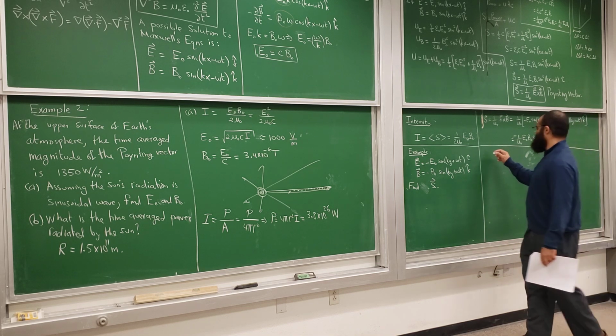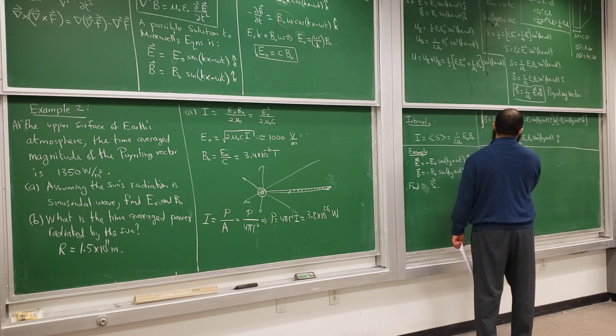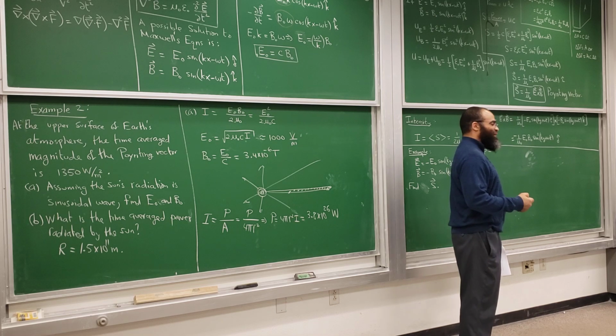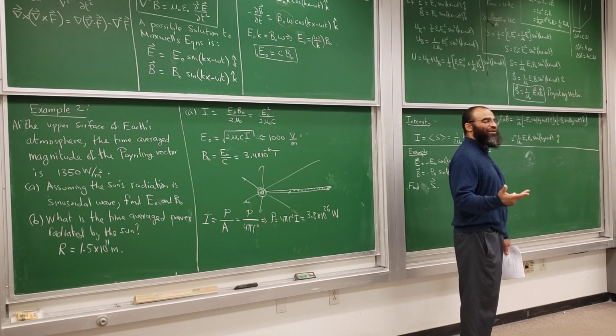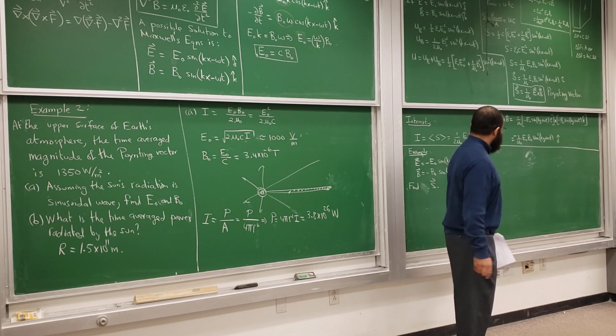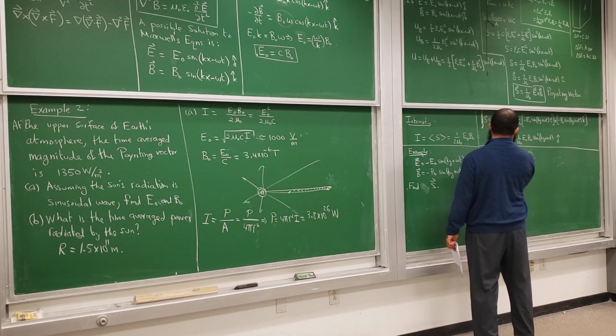Here's the problem with this topic: we're going to talk about power and pressure and momentum, and they all have the symbol P, unfortunately. So the P here is referring to momentum, and momentum is the energy carried by the light over C.